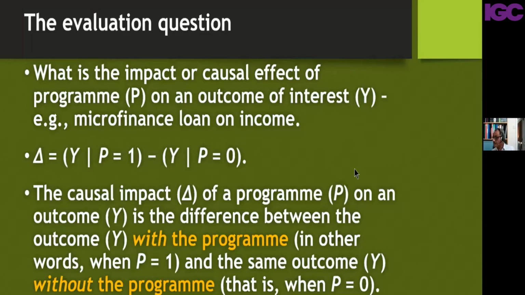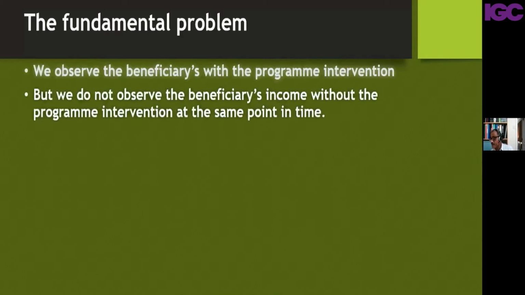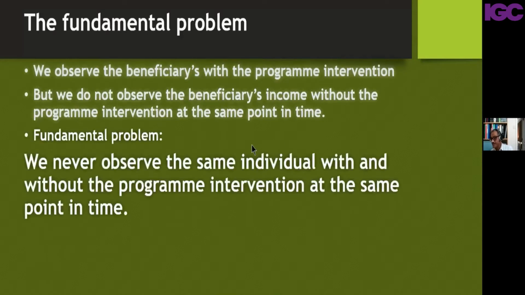Now, this in fact leads us to what we can call the fundamental problem of evaluation. The fundamental problem of evaluation is that we observe the beneficiary with the program intervention, but we do not observe, and we cannot observe, the beneficiary's income without the program intervention at the same point in time.